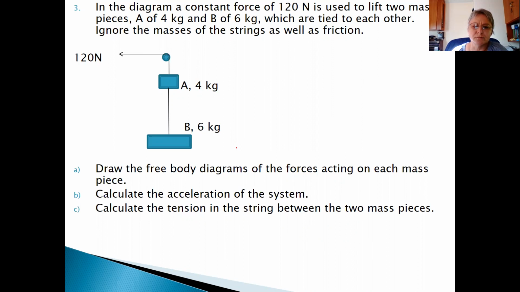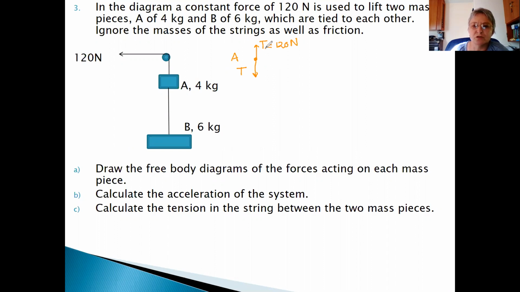Question A, draw free body diagrams of the forces acting on each mass piece. So for A, there is a tension upwards, and the size of it is 120 newtons. There's a string between A and B, so there must be a tension 2.